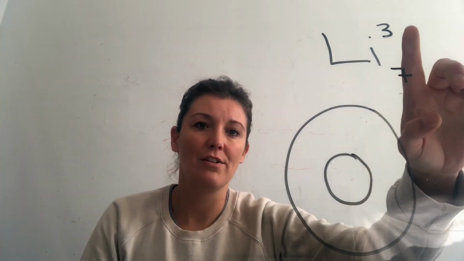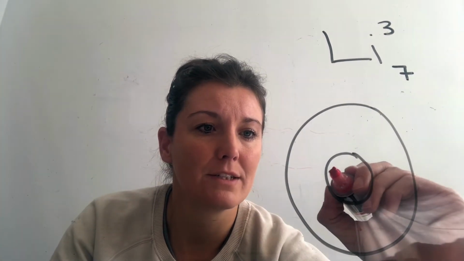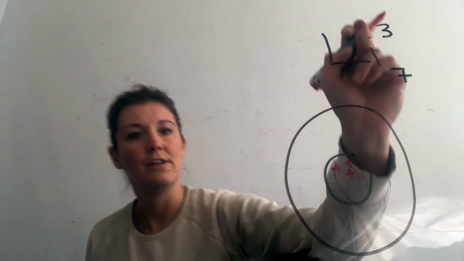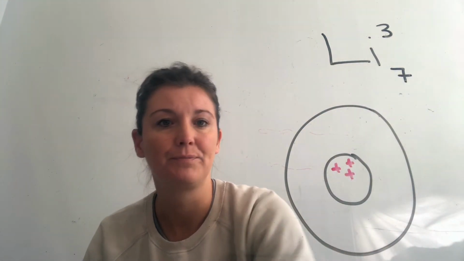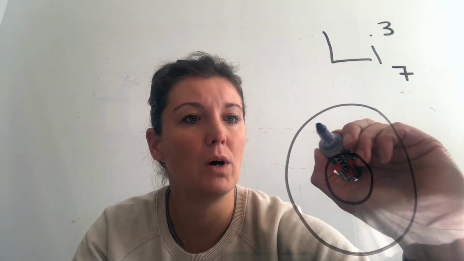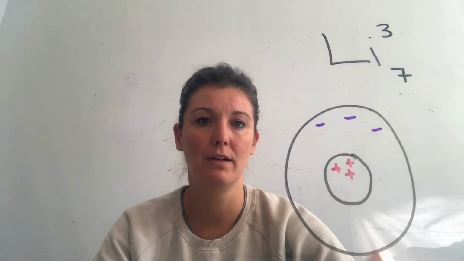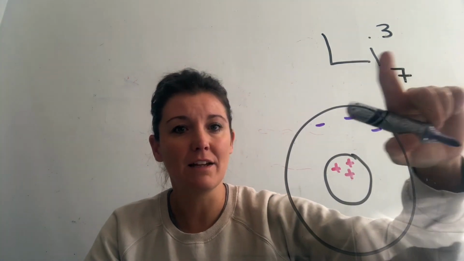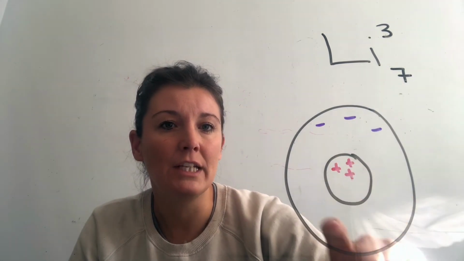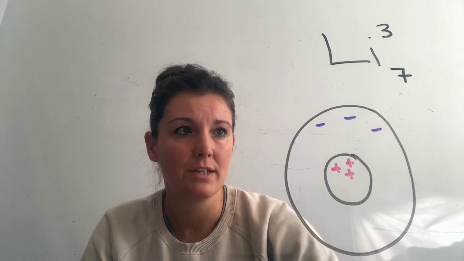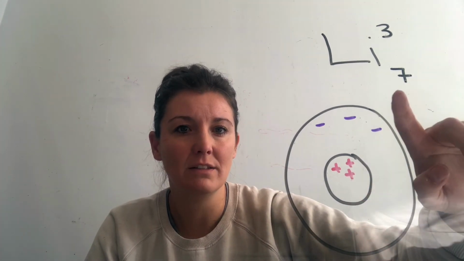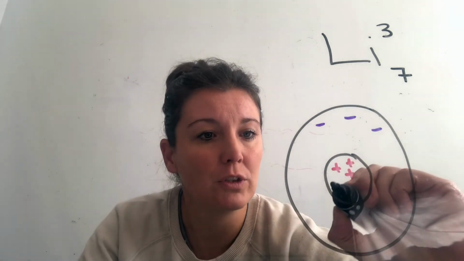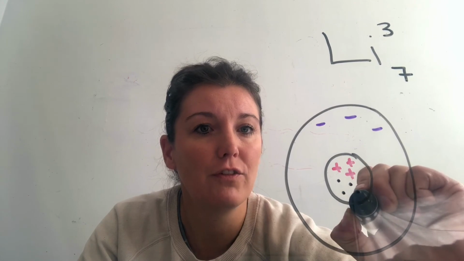So if we have a 3 there, there'll be 3 pluses, 1, 2, 3, and 3 minuses, 1, 2, 3. And then that number 7 tells us in total there needs to be 7 things inside the nucleus. So if we already have 3, we need 4 neutrons. That will be the 4 little dots, 1, 2, 3, 4.